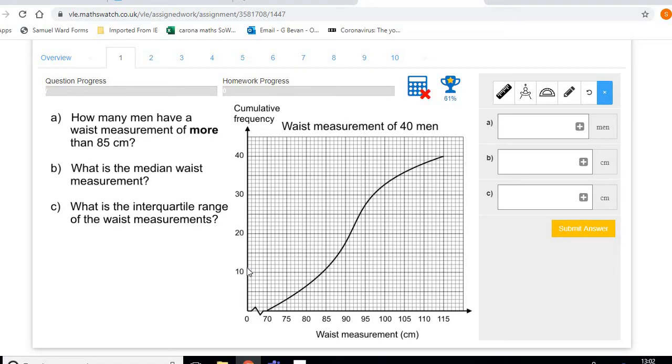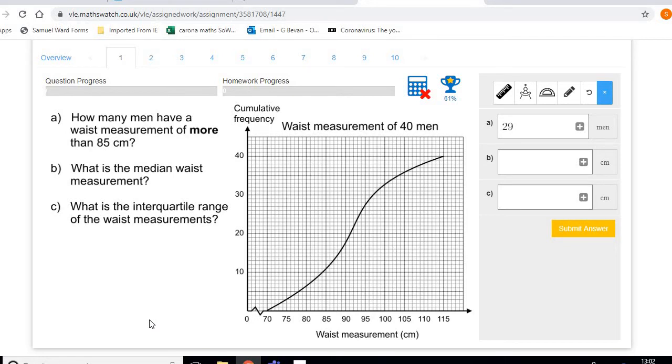But what that actually tells me is that 11 people have a waist less than 85, because this is up to 85 at this point. So 11 have less than 85. To work out how many have more than 85, I need to take 11 away from 40, which gives me 29.